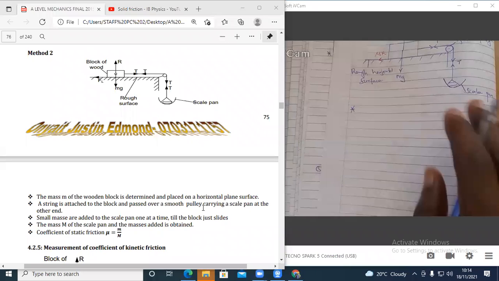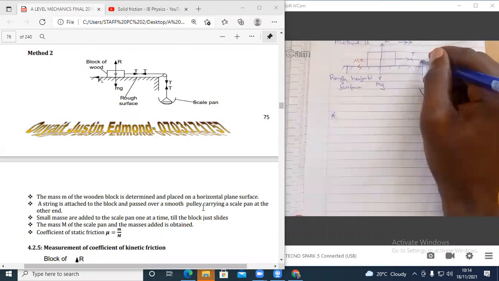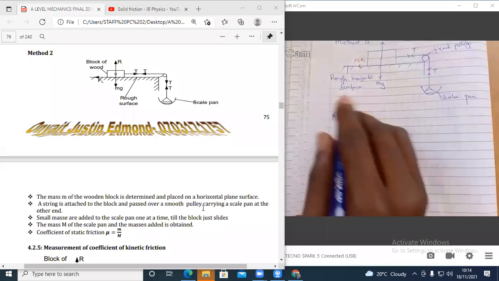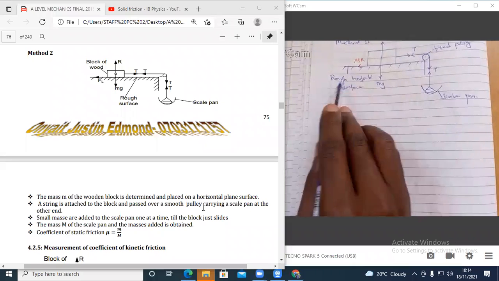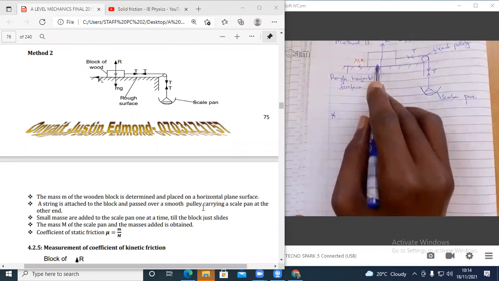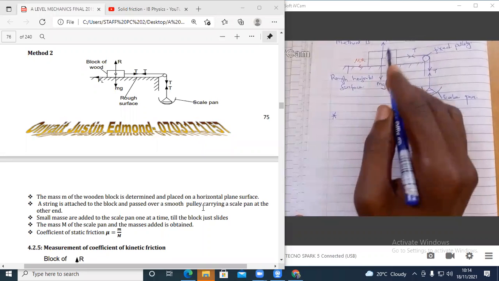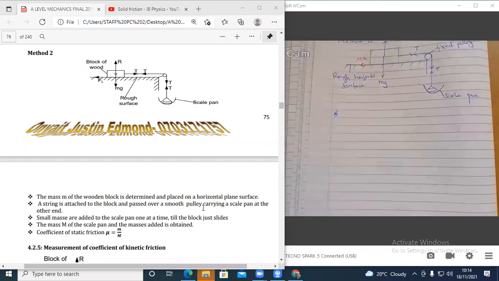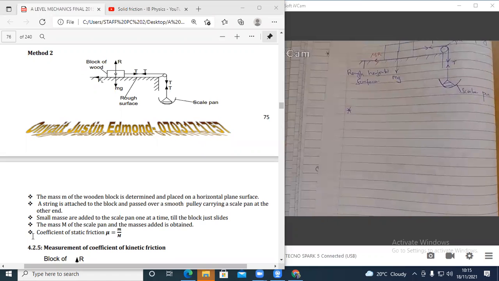If the pulley is not smooth there will be friction, but we only want to determine the friction between the rough surface and the block, the two surfaces in contact. So the pulley must be smooth to minimize errors and improve the accuracy of our experiment, with a scale pan at the other end.